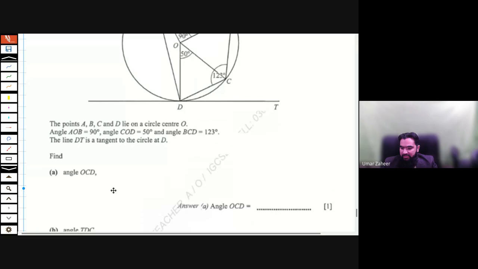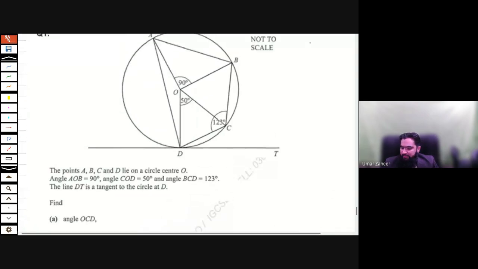In the very first part, he says that points A, B, C, D lie on a circle. So this means that it is a cyclic quadrilateral, right? We have done the theorem in which if all the vertices of a quadrilateral are on the circumference, such a quadrilateral is known as a cyclic quadrilateral.